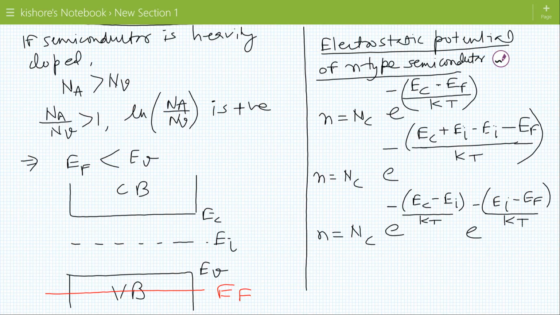Now this Nc into e to the power minus (Ec minus Ei) by kT is Ni.